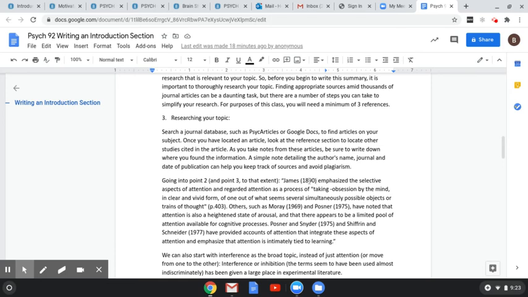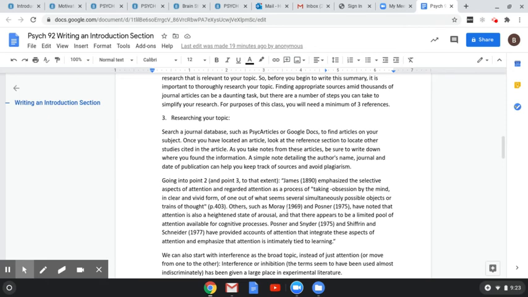James, 1890, emphasized the selective aspects of attention and regarded attention as a process of, quote, taking possession by the mind in clear and vivid form of one out of what seems several simultaneously possible objects or trains of thought. Page 403 in parentheses. Let me finish this paragraph and then I will talk about the citations.